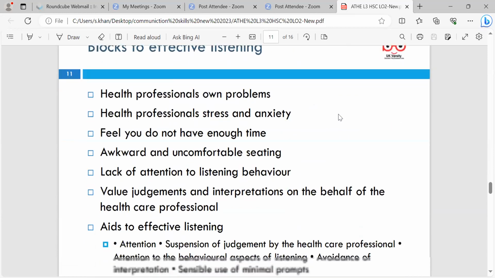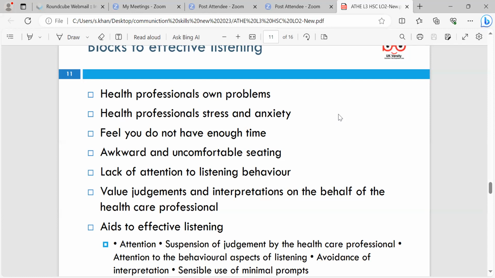Blocks to effective listening. So, health professionals' own problems. What could that be? What do you think that could be? It could be maybe they've got their own problems at home.